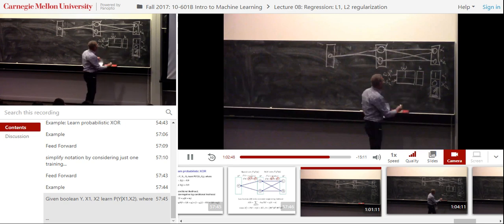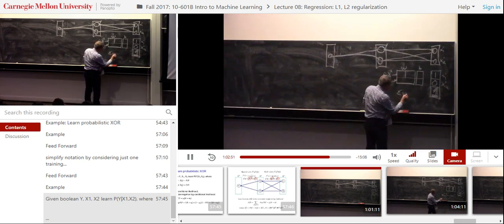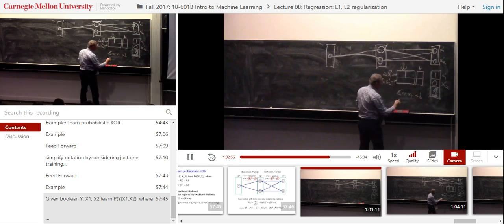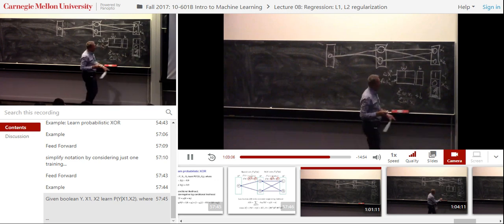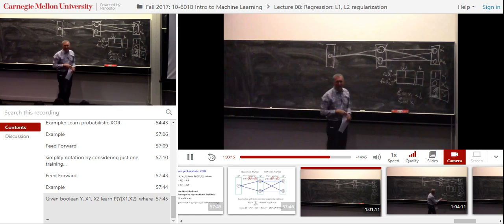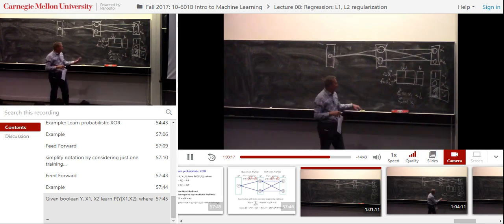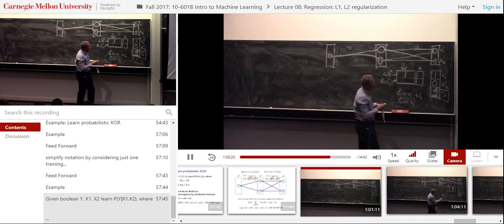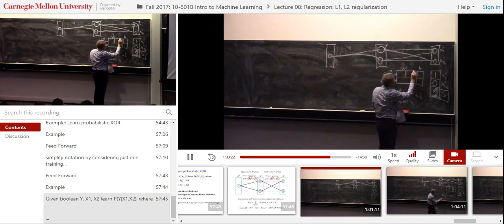Now the sum of wi xi plus b, I'm going to rewrite as the sum not from 1 to 2, but from 1 to 3. I'll just fake that there's a third input, which is always 1. It'll just make it easier for us to keep track. See what I'm doing? I'm just going to pretend that I have 3 inputs.